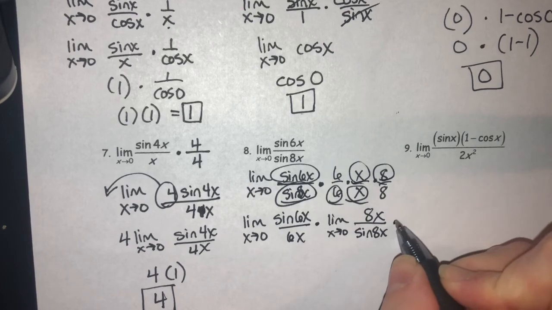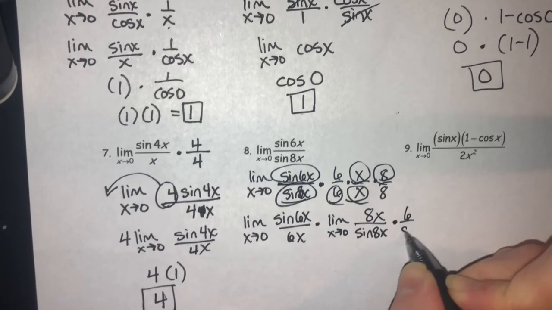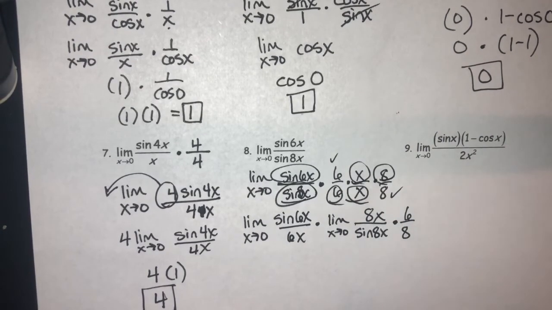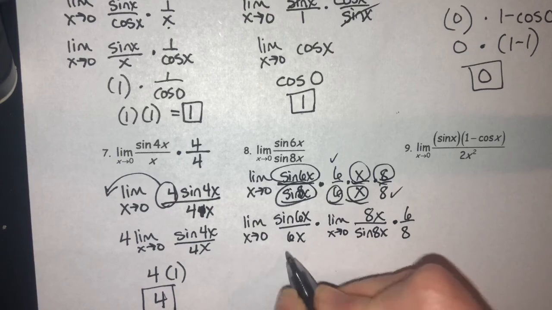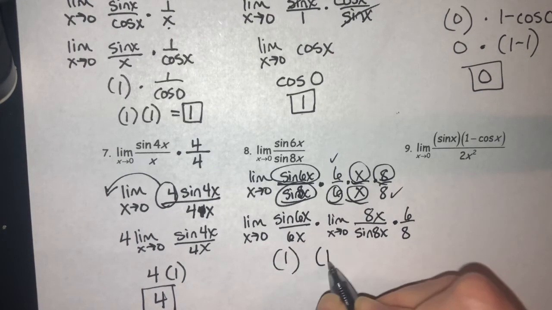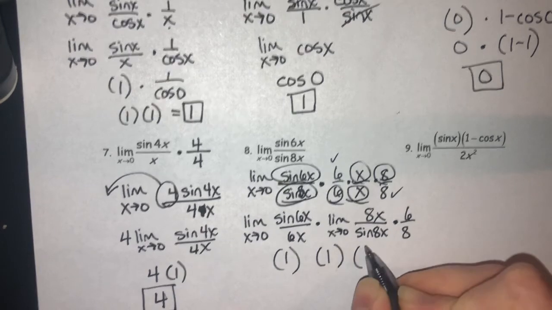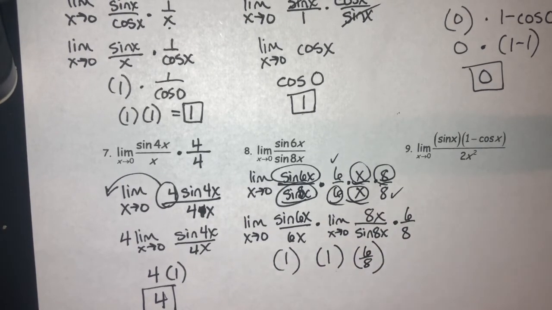And what's left? 6 on the top and 8 on the bottom. And now I've used it all. Check, check. Okay, so this first limit is 1, and the second limit is 1. And the limit as x approaches 0 of a constant is just that constant, 6 over 8. And that is a fraction which simplifies to 3/4, which is the answer.